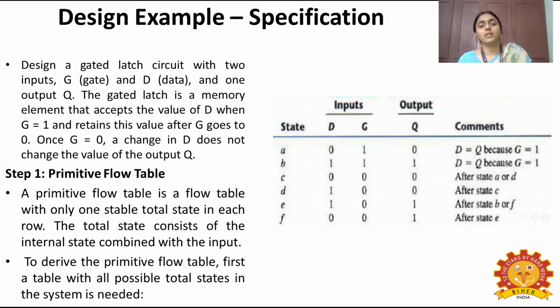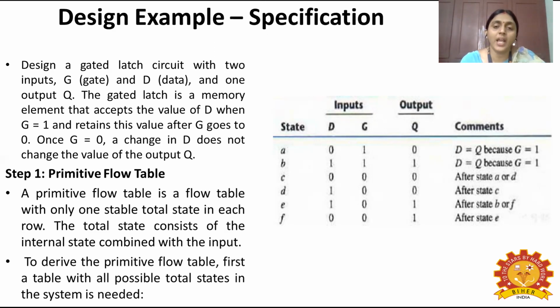So on the right hand side, the flow table is given, where the six states A, B, C, D, E and F are given with the inputs D and the gate input, and the corresponding output values of Q are also given.